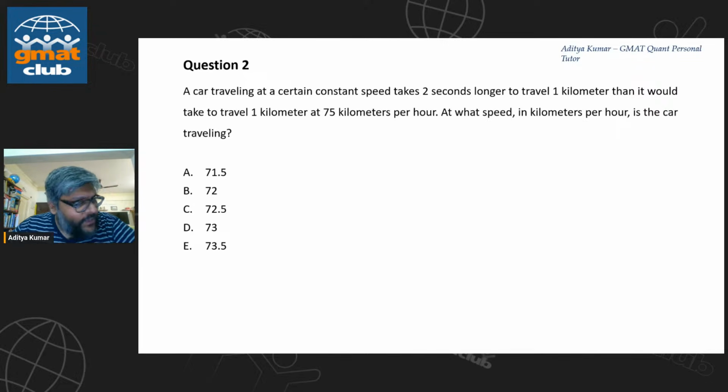So whatever you're stuck at, type in the chat window and I'll try to cater to that. Nobody?